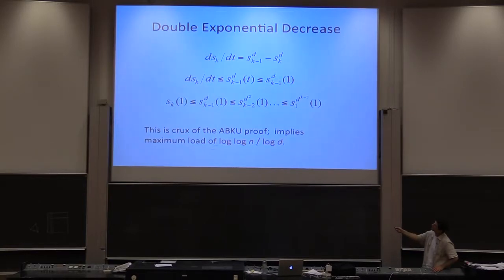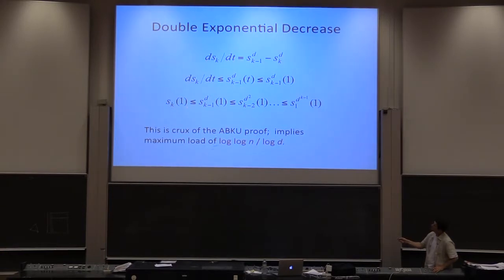So the way to think of this is that the rate at which s_k is increasing over time is always less than or equal to the fraction of bins with load at least k minus 1, raised to the d power. So what does that mean?